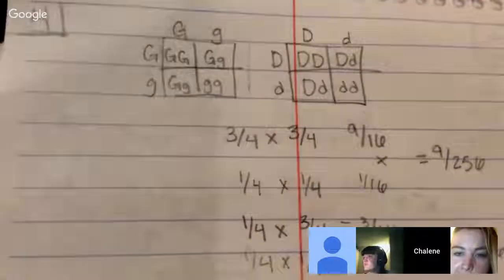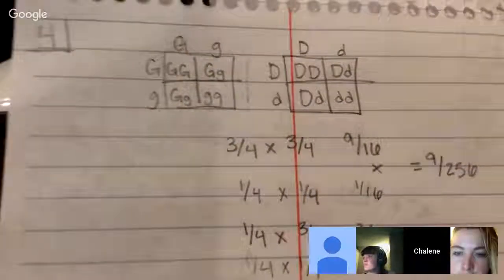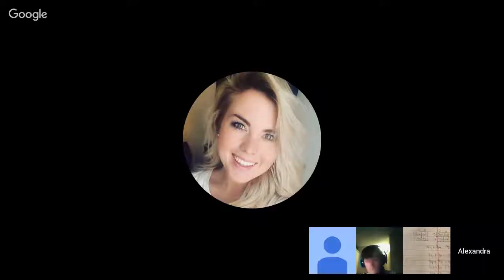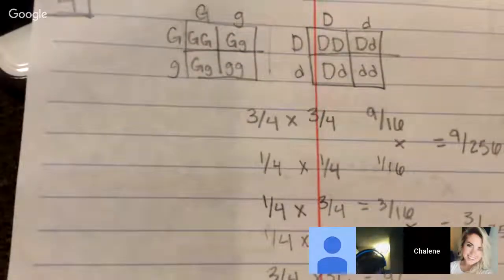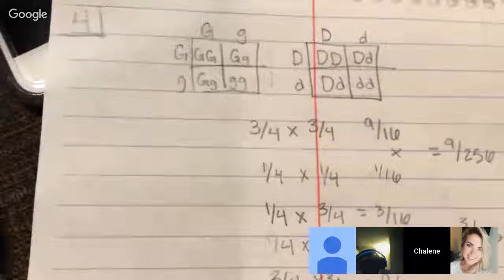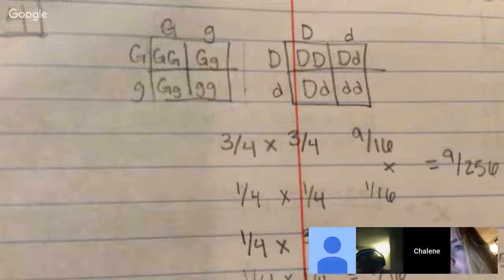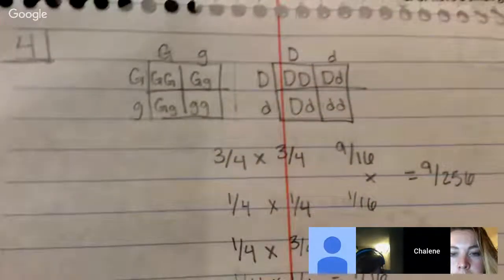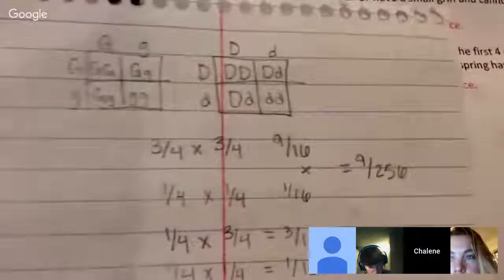Because the first trait is a 3/4 probability of having small grins, I got 3/4 times 3/4, which equals 9/16.